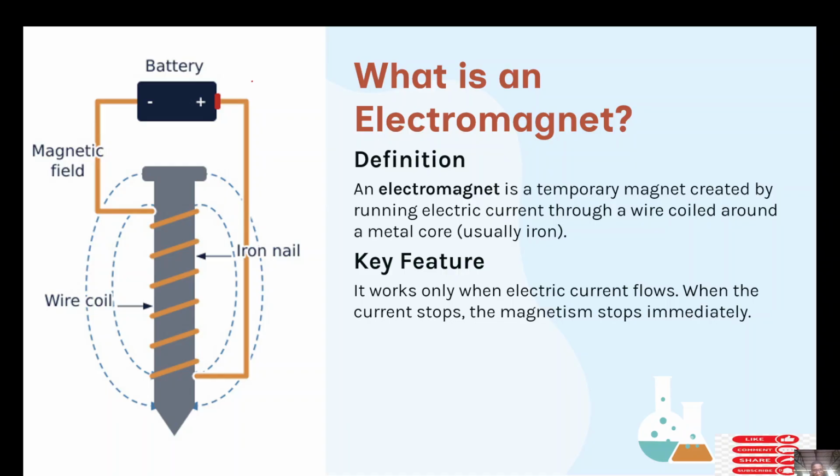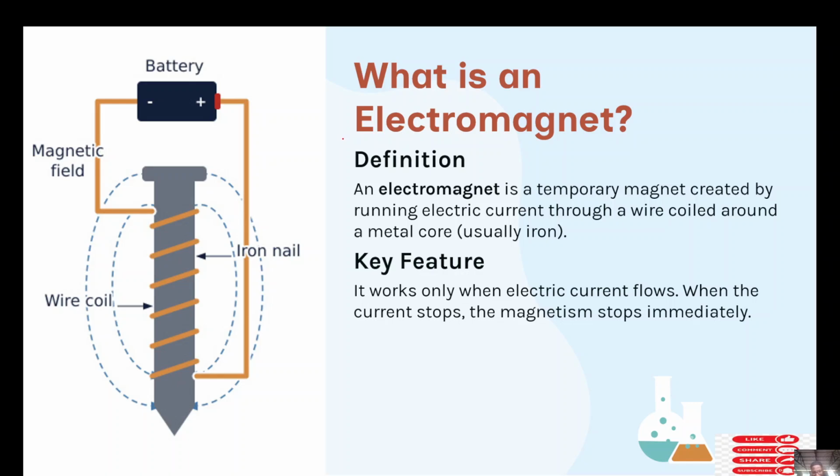Alright, so what then is an electromagnet? We are saying that an electromagnet is a temporary magnet created by running electric current through a wire coiled around a metal core, usually an iron.